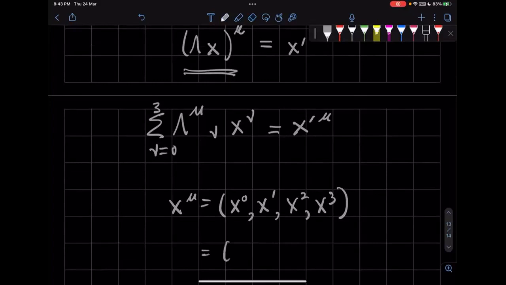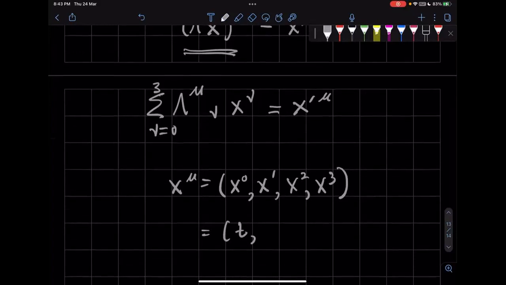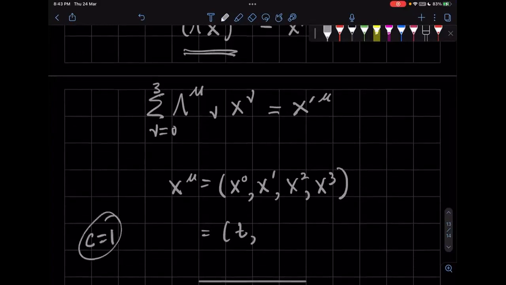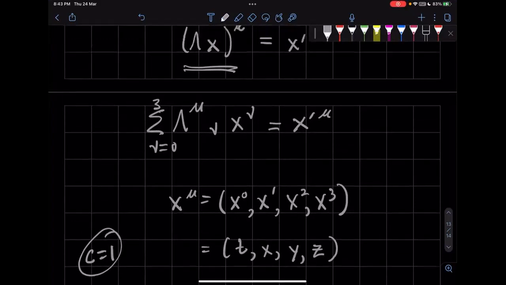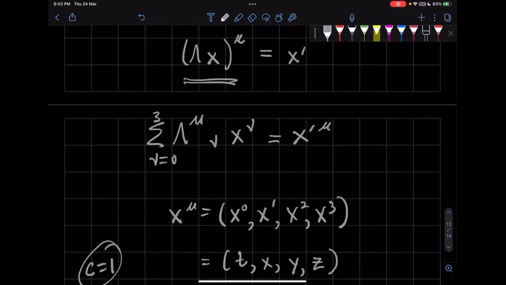And x0 is what we're calling time. We're using units where c is 1. If not, there would be a factor of c here, but we are not using that. And x1 is x, x2 is y, x3 is z, okay? But because we are using the Einstein summation convention, we don't write the sum explicitly.